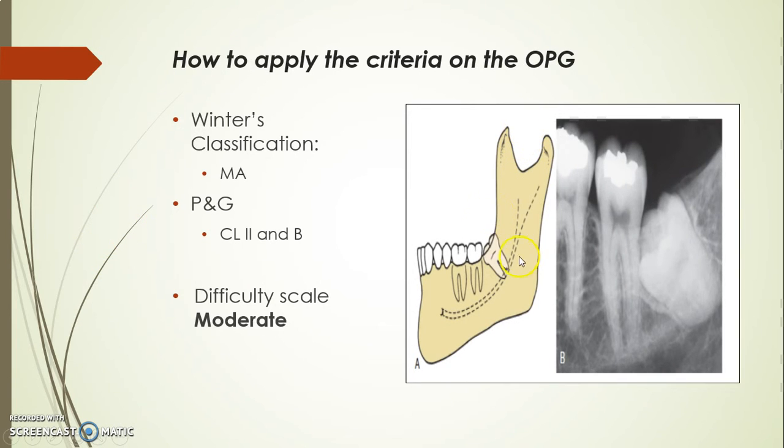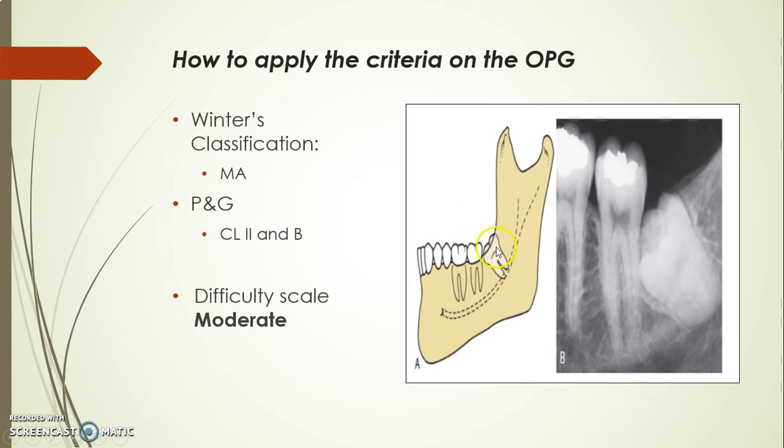Let's have this as an example. Let's go first with the Winters classification: for this tooth it is a mesio-angular classification. Okay, and let's go for the Pell and Gregory classification. Which class is this one? In relation to the anterior border of the ramus of the mandible, we can see that part of the crown is partially covered underneath this line, the anterior border of the ramus of the mandible, which is going to be class 2.